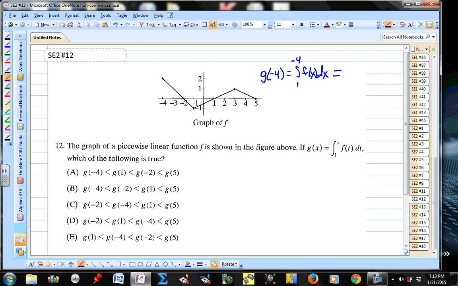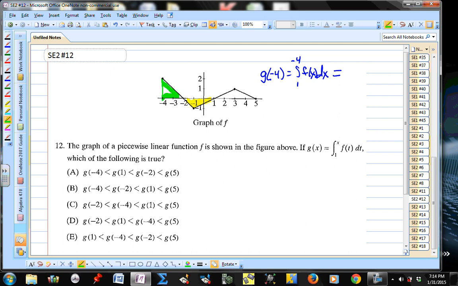So let's start first by finding g of negative 4. That means we're going to integrate f of x from 1 to negative 4, and we're going to include this area from x equals 1 to x equals negative 4.